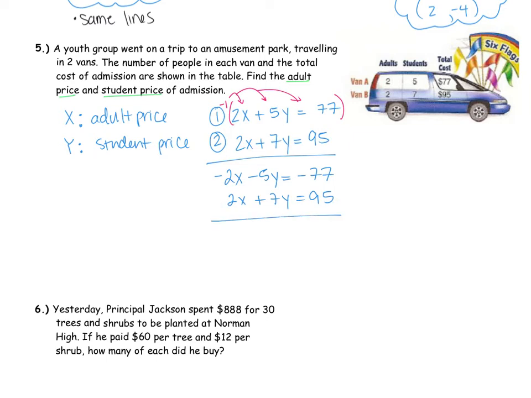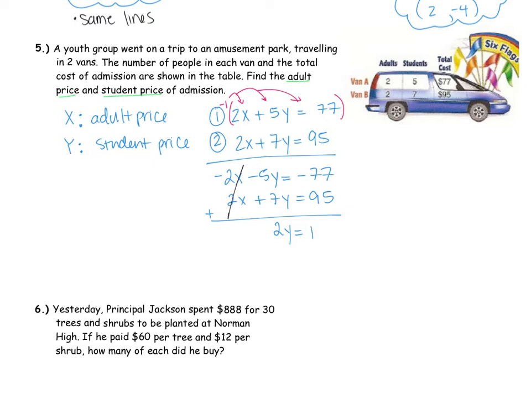Now I'm going to combine the like terms. The x's cancel because they're opposite signs with the same coefficient. -5 and 7 add to be 2y. And -77 plus 95 gives me 18.